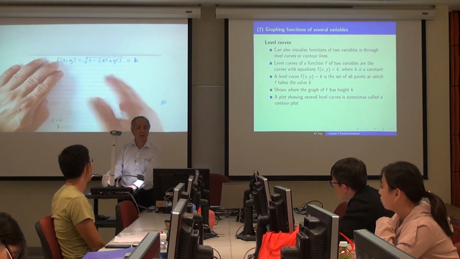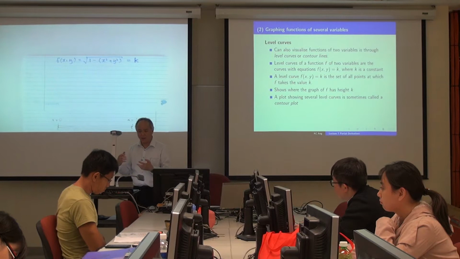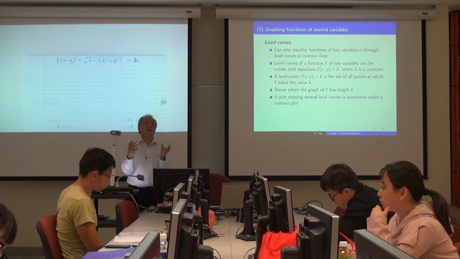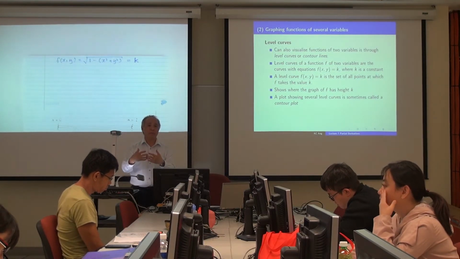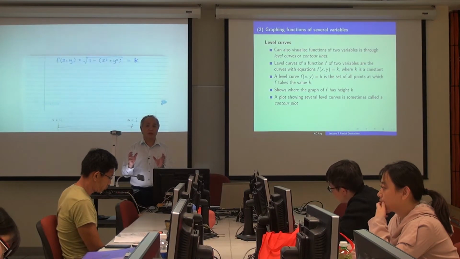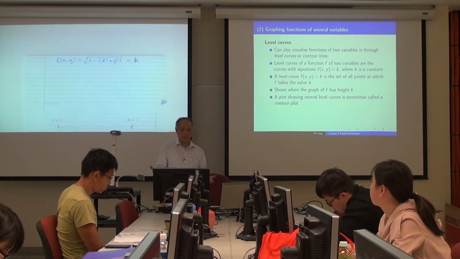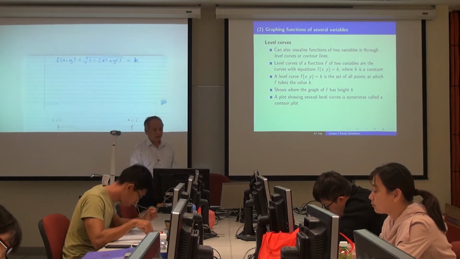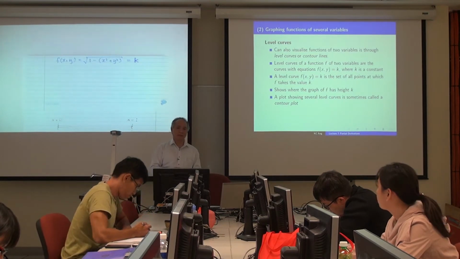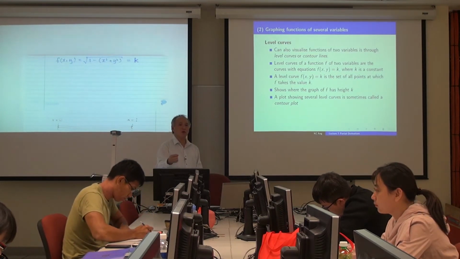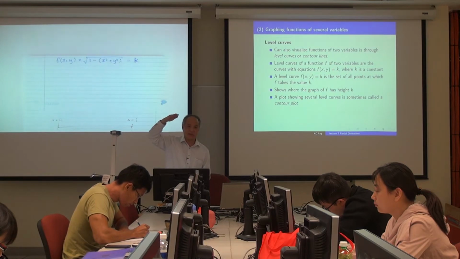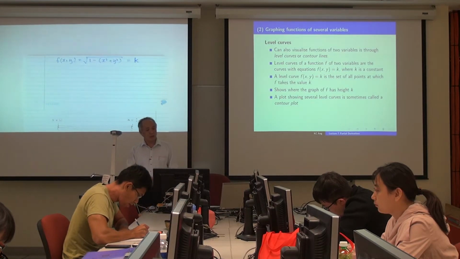You should be able to find an expression in x and y and k, and that will give you a curve on the xy plane. That curve is known as your level curve, or the contour line. It is a line joining all the points with the same height in terms of the function value, so the same z value, in other words.